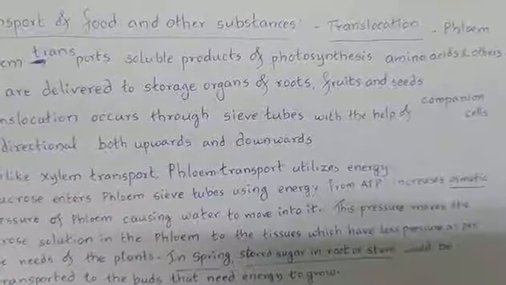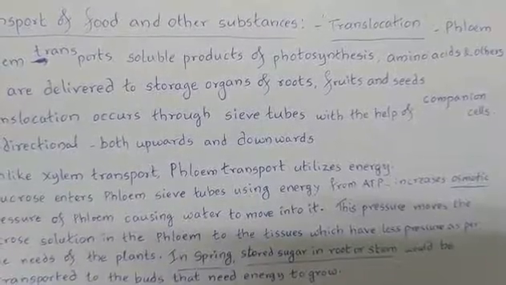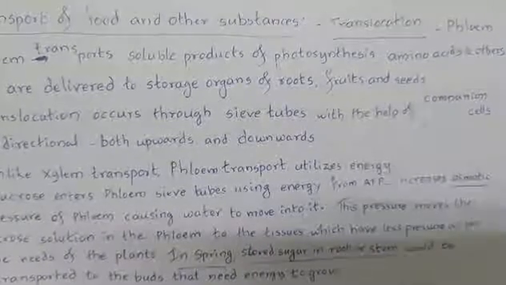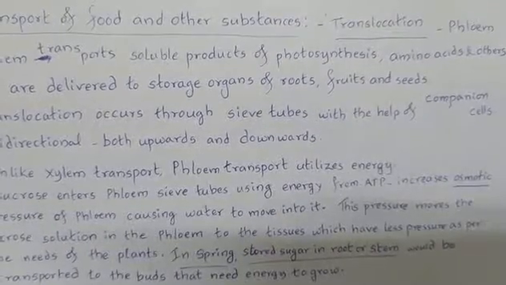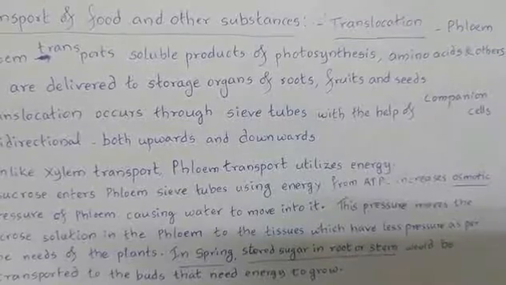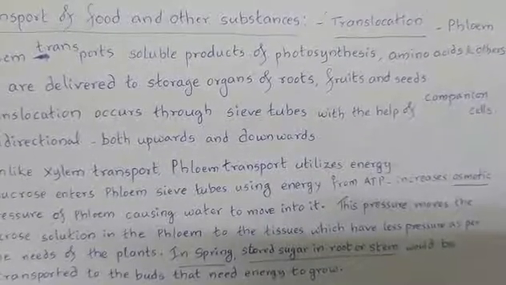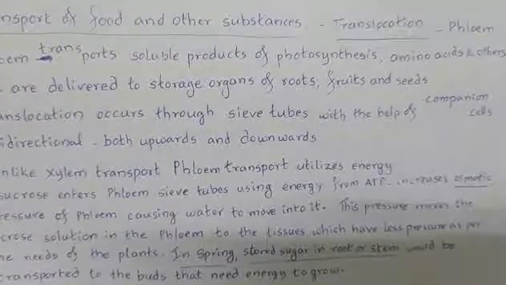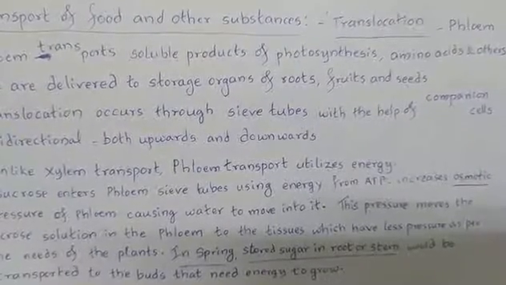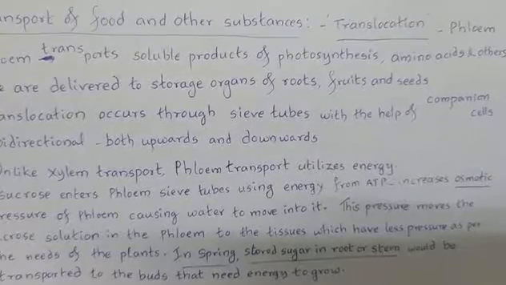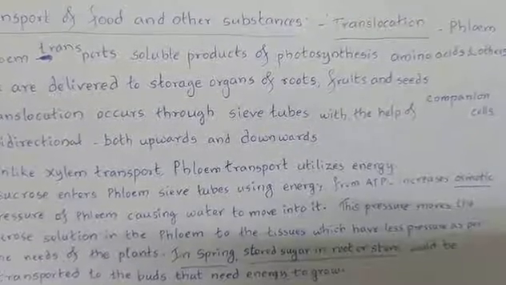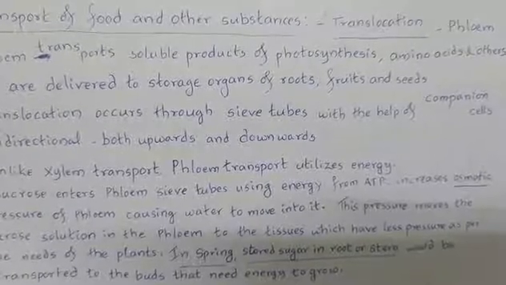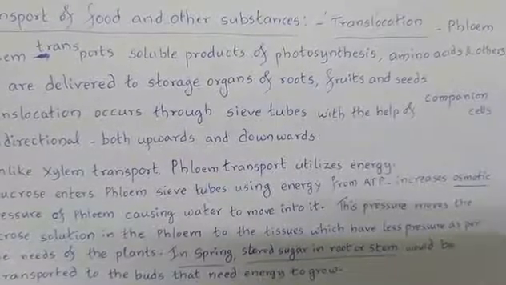And this increased osmotic pressure makes the sucrose solution move in the phloem to the tissues where there is less pressure, and the movement of sucrose to different parts of the plant body occurs as per the needs of the plant. For example, at the start of spring, there are no leaves on the plant.